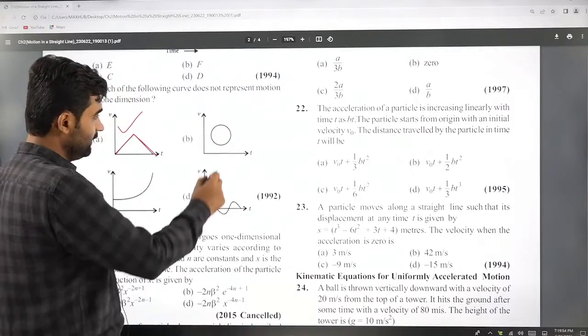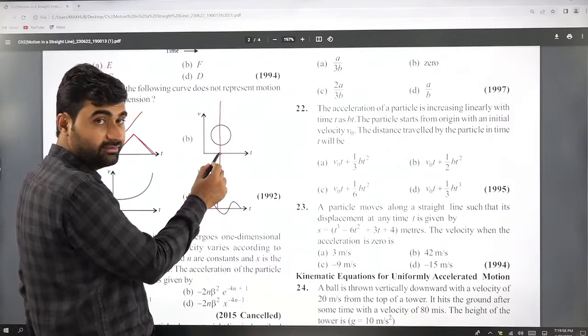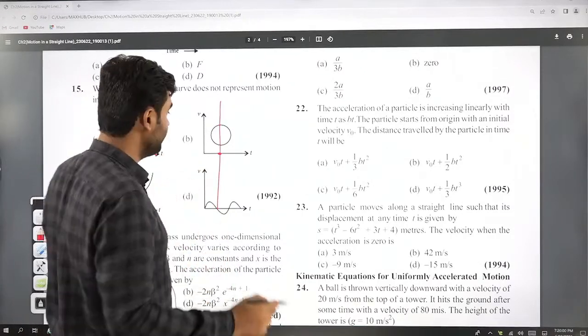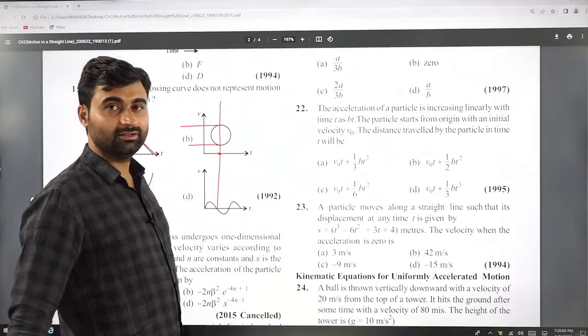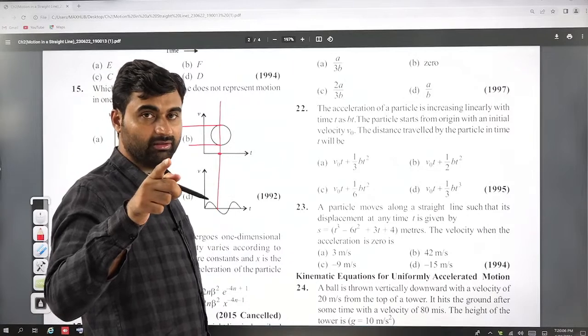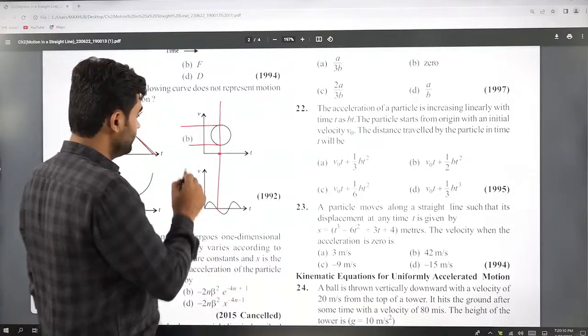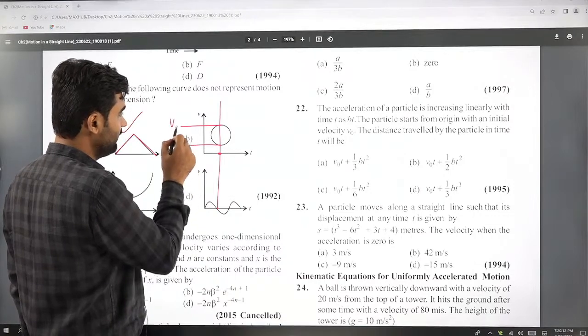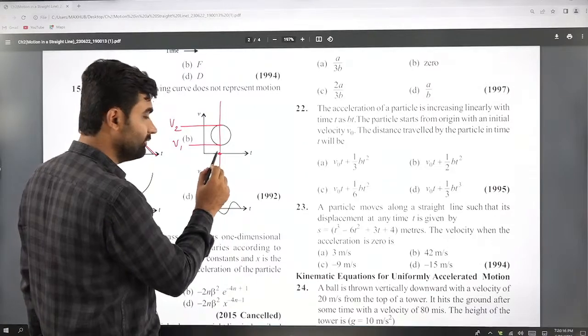So here, if you see, velocity increasing, decreasing, this graph is possible. Okay. Here, at a single time, this time, there are two velocities, one velocity and a second velocity. I made a similar type of graph in that lecture. This velocity v1, this velocity v2. Both are different and the time is only one.